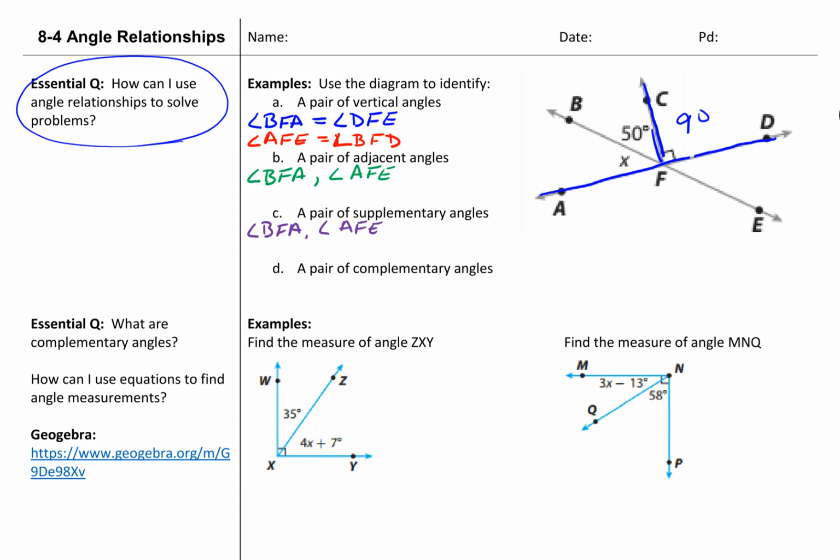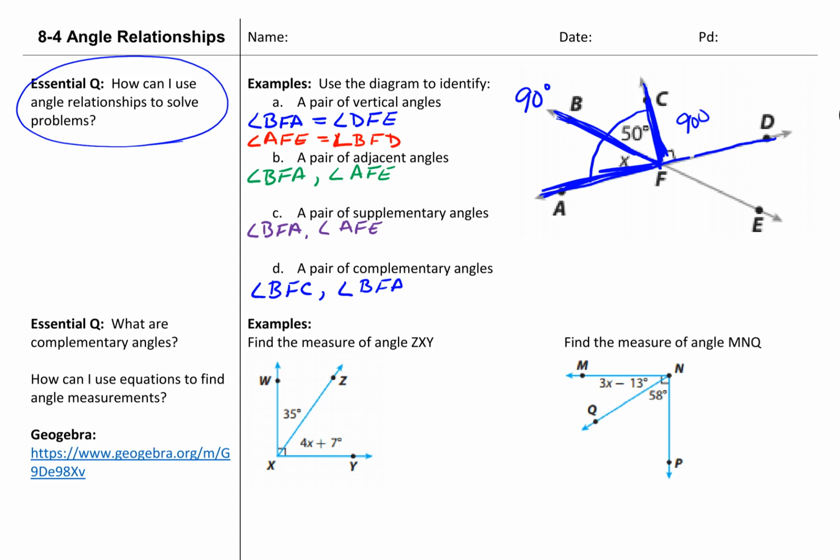This is 90 degrees, which means that whatever this is right here is also 90 degrees. So angle BFC plus angle BFA is going to equal 90 degrees as well.